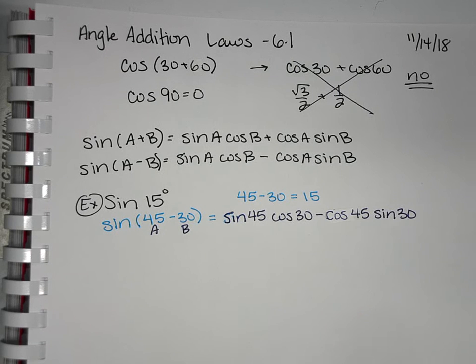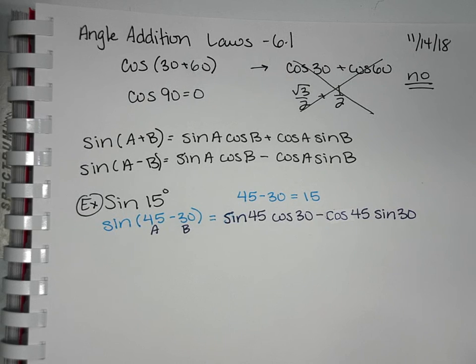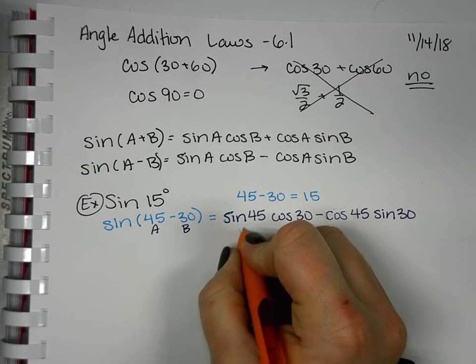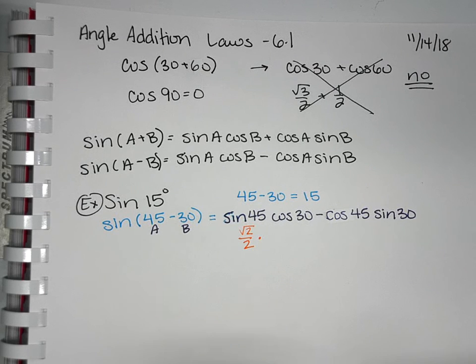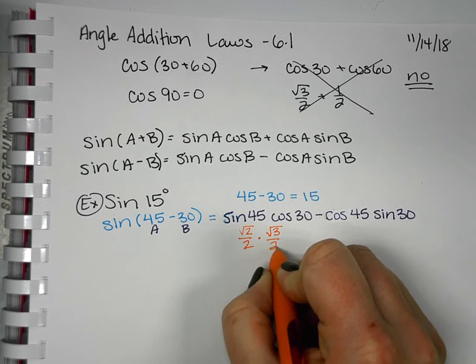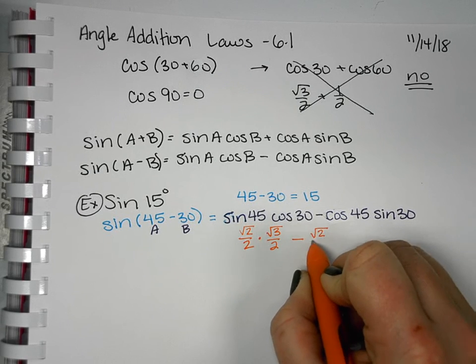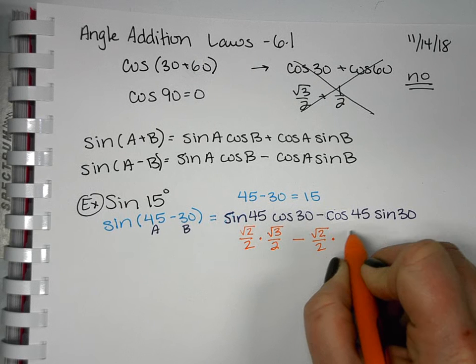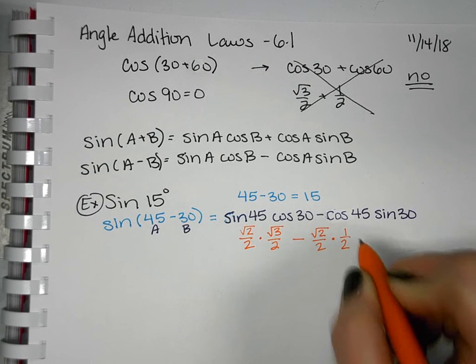So from here, we actually know what sine of 45 is. We know it's root 2 over 2. We know what cosine 30 is. It's root 3 over 2. Minus, we know what cosine 45 is, and we know what sine of 30 is.